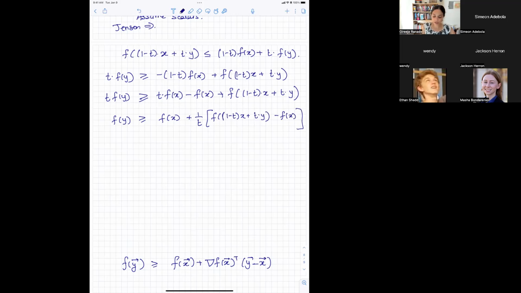So I want to make this look kind of like a derivative on this right-hand side. So I'm just going to rewrite this, rearrange this, to write it so I can pull out the x plus a perturbation from x.